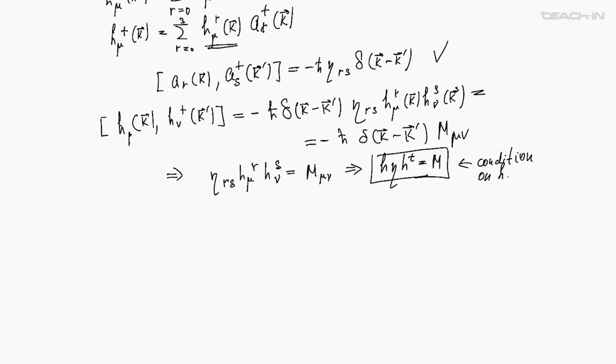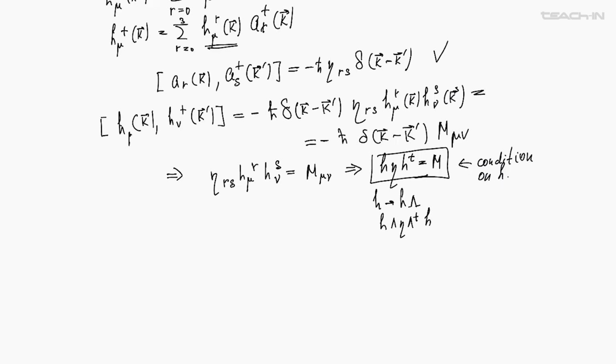If you multiply H by lambda, where lambda is a matrix of Lorentz transformation, you get H lambda eta lambda transpose H, but lambda eta lambda transpose is eta by the definition of what a Lorentz transformation is.